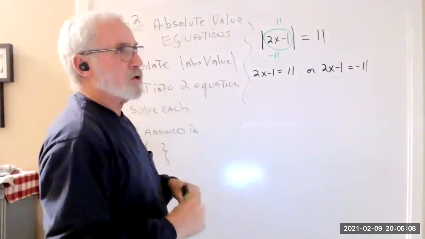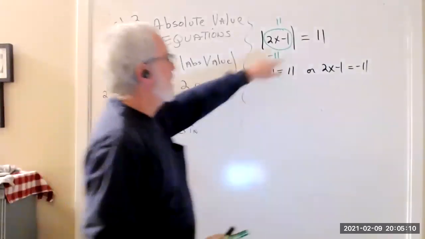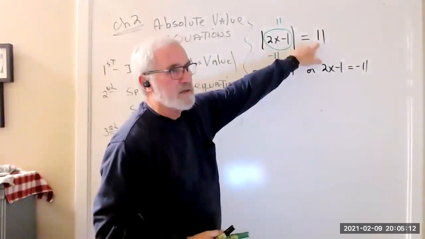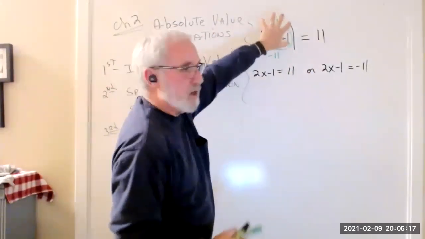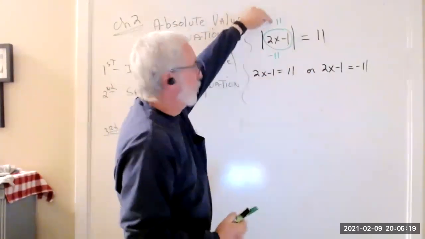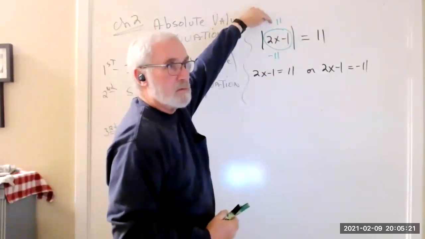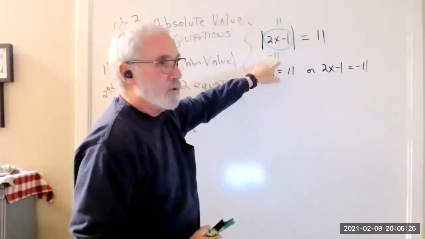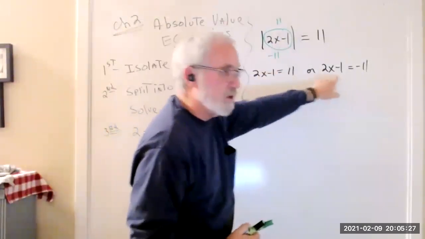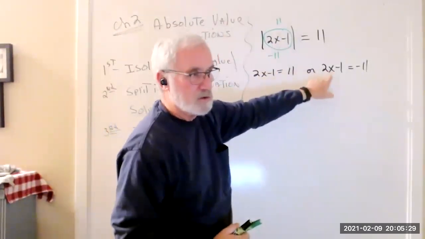Look at the logic, and then we'll finish solving this. The answer was 11. That meant the inside quantity, the whole thing inside, could have been worth 11. But it also could have been worth -11. We don't know, so we have to deal with 2 possibilities.